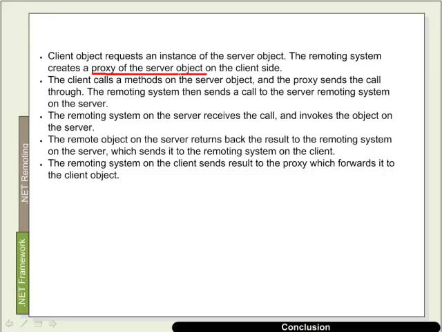The client then calls the methods on the server object, but it is the proxy that does the call through. The remoting system on the other side then receives the call, invokes the object, makes the call to a method, and returns any results back to the client.